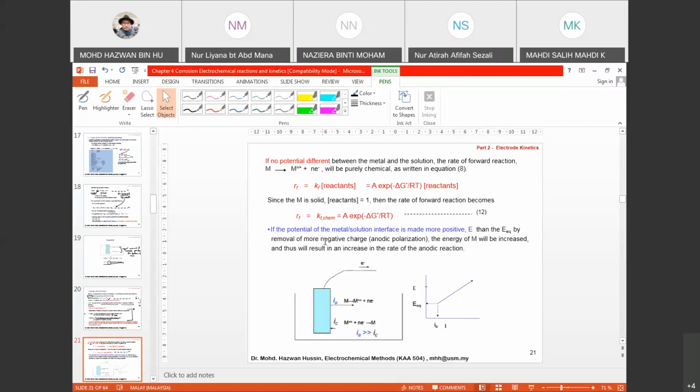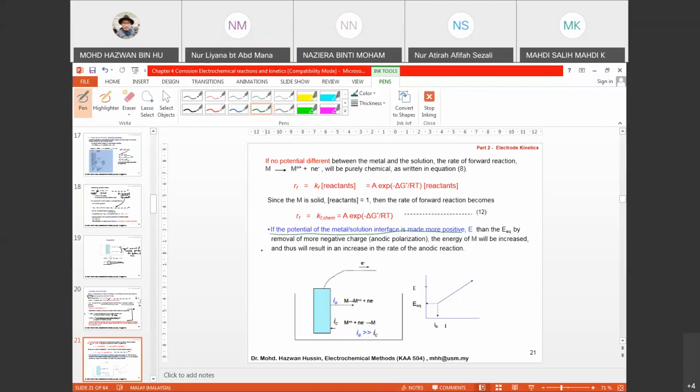If the potential of the metal to solution interface is made more positive, remember this, this is the condition where we make the potential of metal to solution more positive than the equilibrium potential. By removal of charge, the energy of M will be increased, and thus will result in an increase in the rate of the anodic reaction.